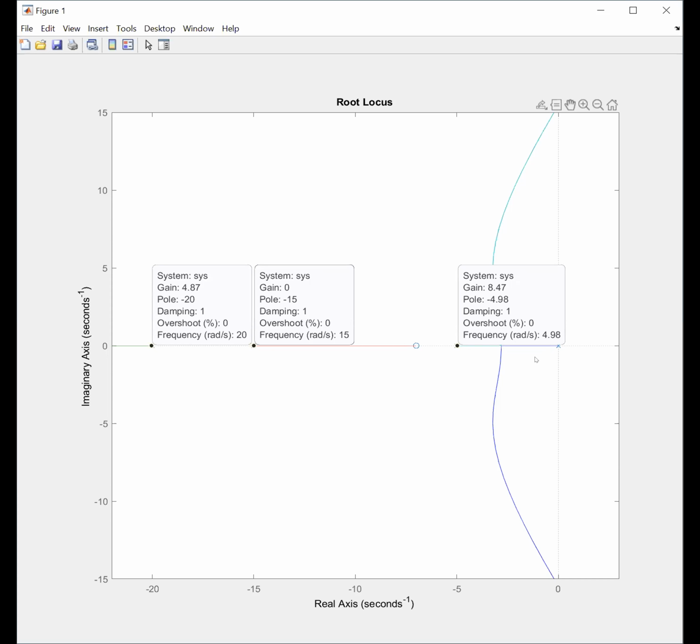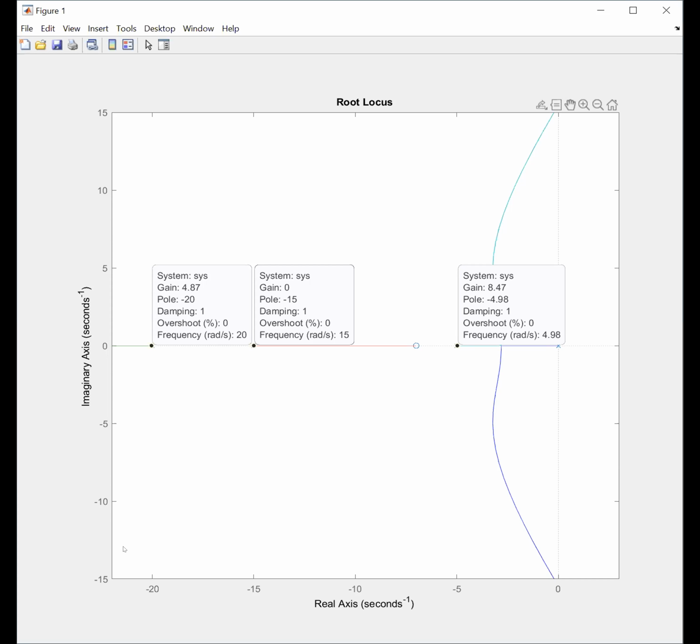I want you, for a second, to look at the open loop transfer function. The denominator of the open loop transfer function is of the form s multiplied by s plus 5 multiplied by s plus 15 multiplied by s plus 20.